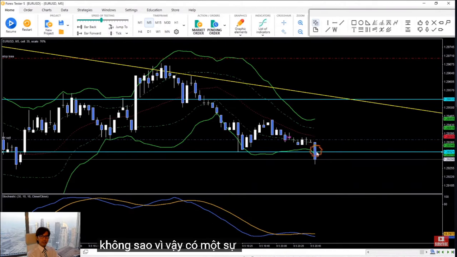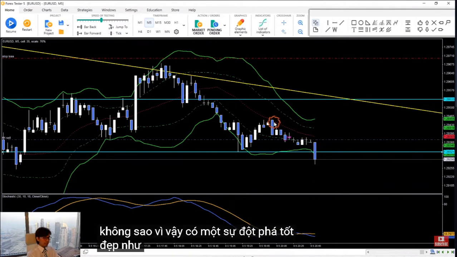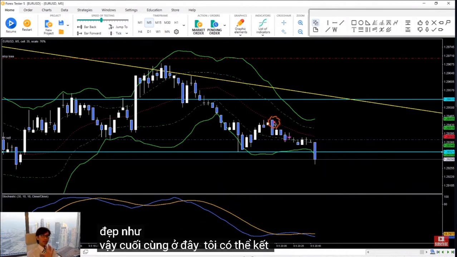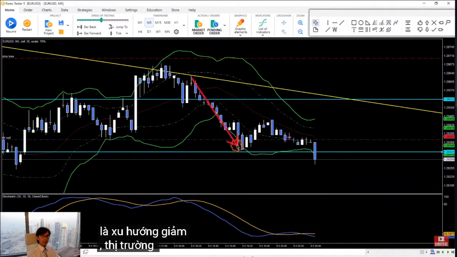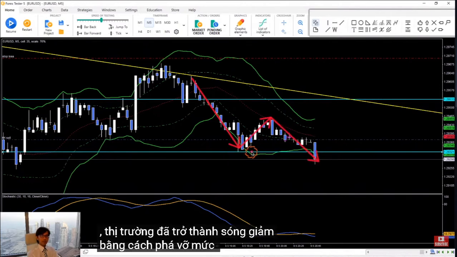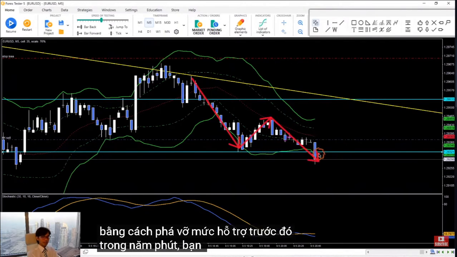Okay, so there is a nice breakout. So finally I can conclude that this is bearish. The market became bearish in wave by breaking the previous support level in the 5-minute chart, you see.